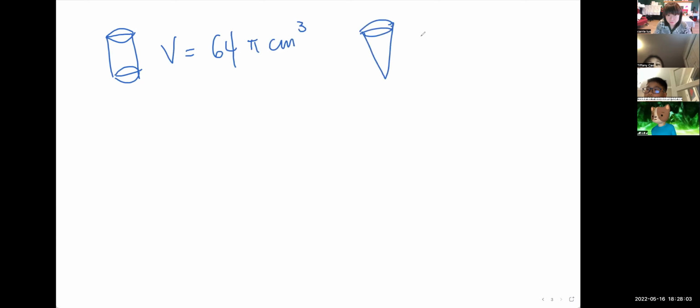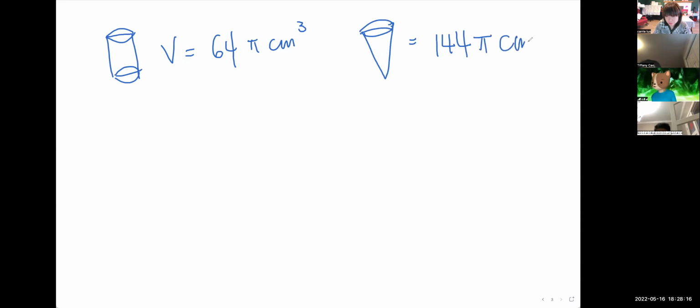Understand. Okay, very good. So now I give you a question. I have a cylinder, and the volume of the cylinder is 64 pi centimeter cube. I also have a cone, which is 144 pi centimeter cube.